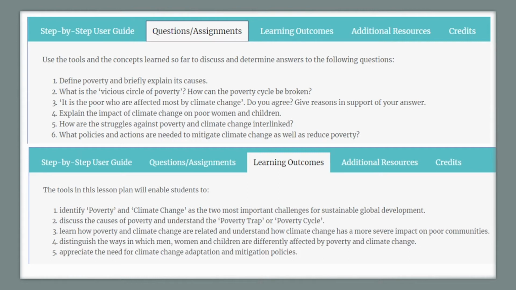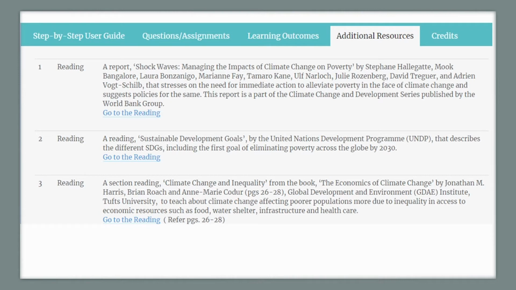They will be able to learn how poverty and climate change are related and understand how climate change has a more severe impact on poorer communities. They will be able to distinguish the ways in which men, women, and children are differently affected by poverty and climate change. If you or your students would like to explore this topic in greater detail, some of the additional resources shown here may be useful for you.